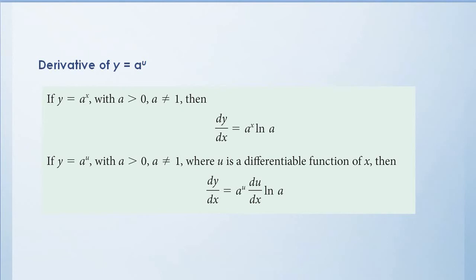And next, if y equal to a power x with a greater than 0, then dy dx equal to a power x ln a. If y equal to a power u, then dy dx equal to a^u du dx ln a.